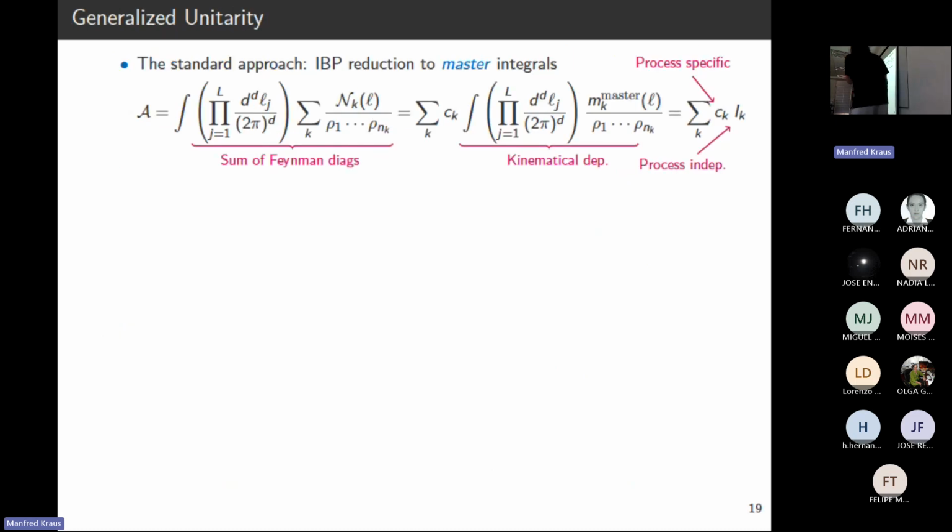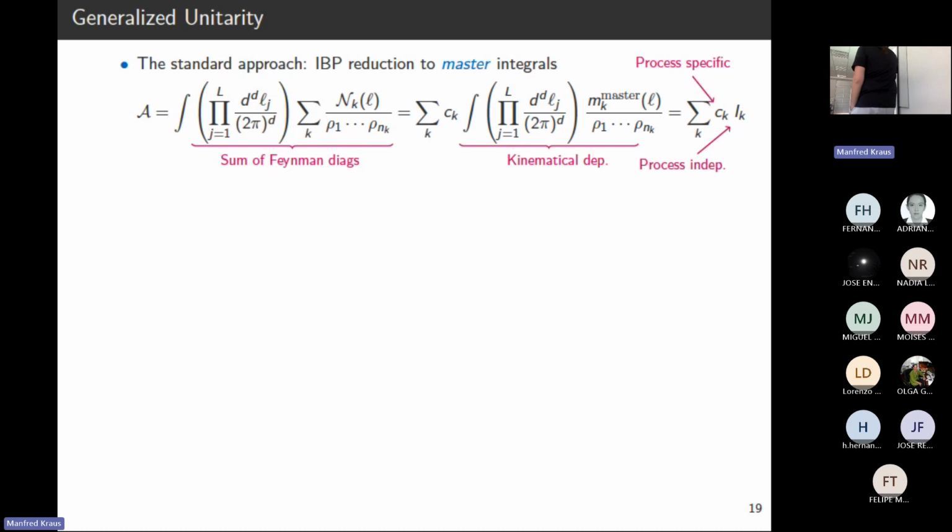Next question so far, because the next two slides are difficult. So how would you typically do this? You just write down the sum of Feynman diagrams. So you have some loop propagators, you have some numerators, and then you have to integrate over your loop momentum. Typically in the first step, you apply integration by parts reduction, or for one-loop calculations, you would do Passarino-Veltman reduction.